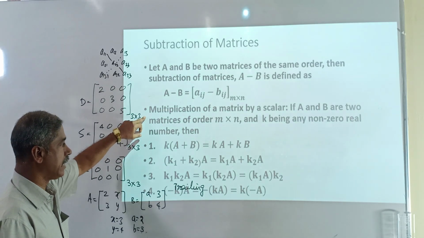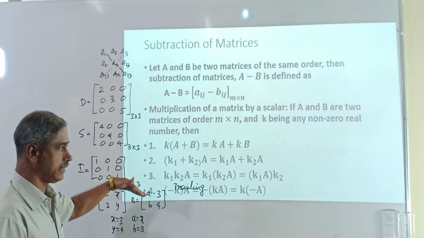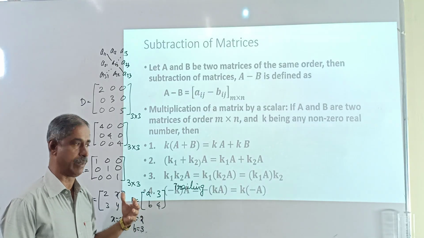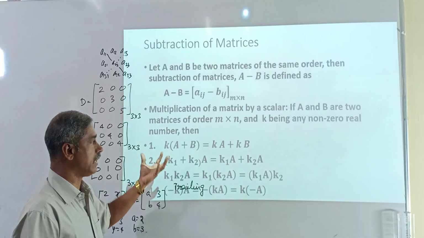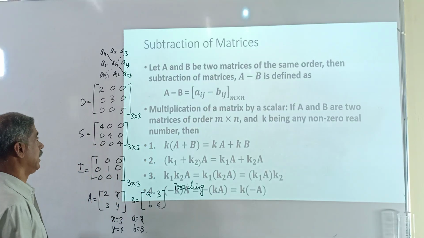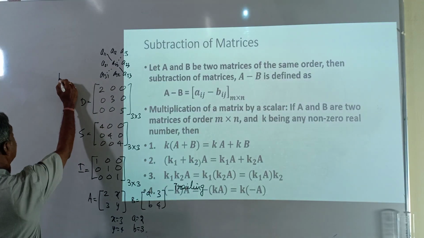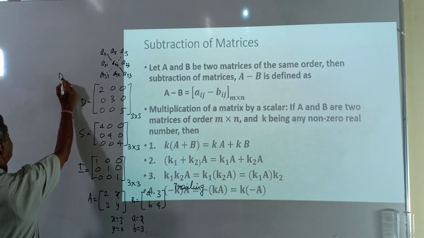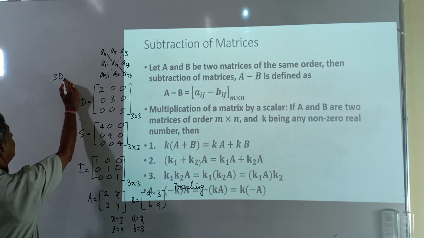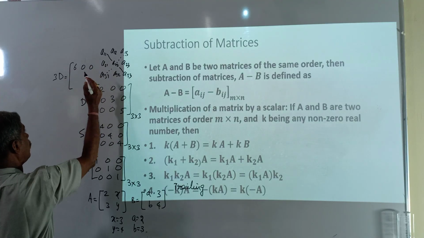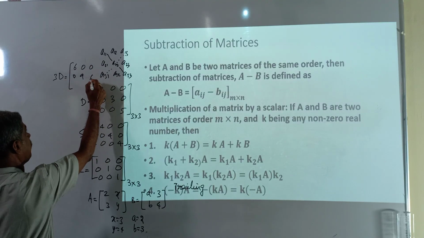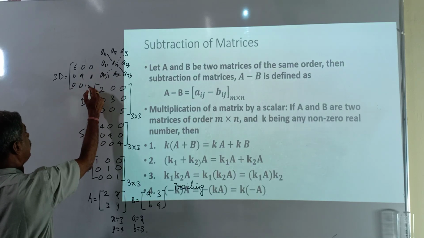Now, multiplying a matrix with k, the last stage, is also important. K being a non-zero real number, when we multiply a matrix with k, it gives a meaning. Say D is the matrix we have already considered. I want to multiply it with 3. It will give me the result 3 into 2, 3 into 0, 3 into 9, 3 into 5, 15.